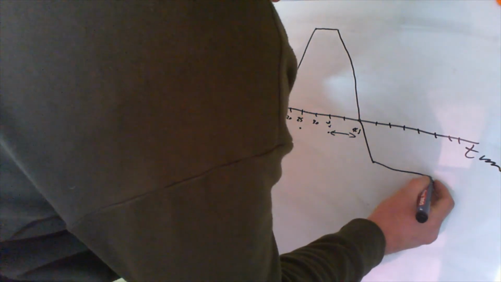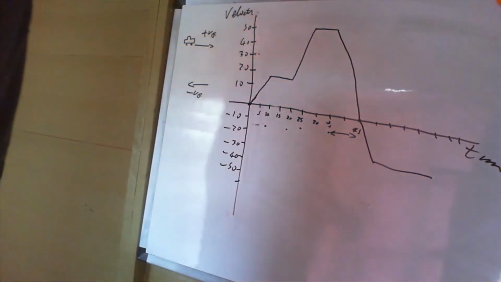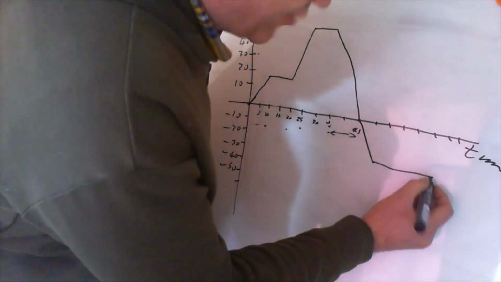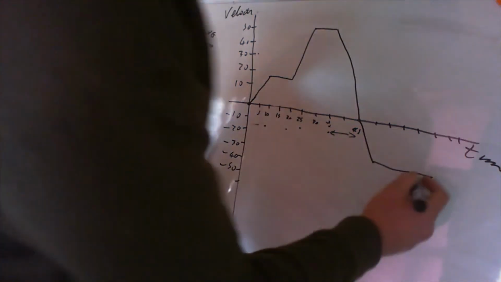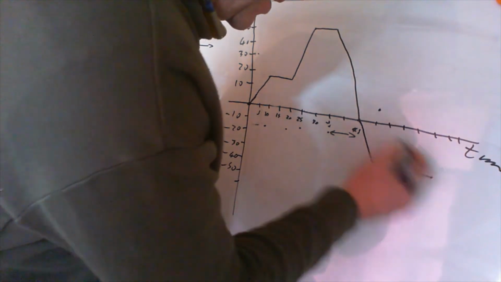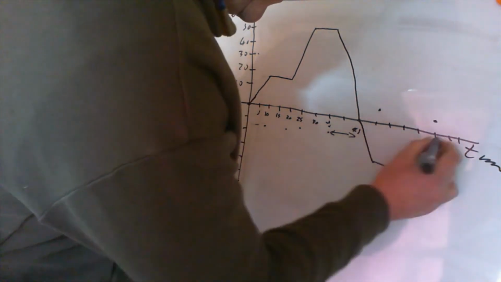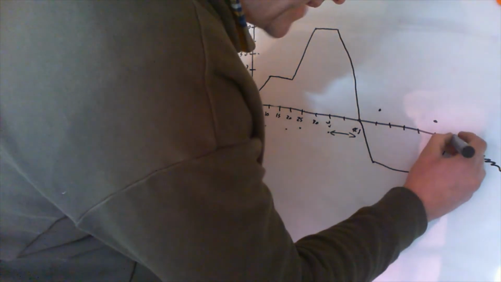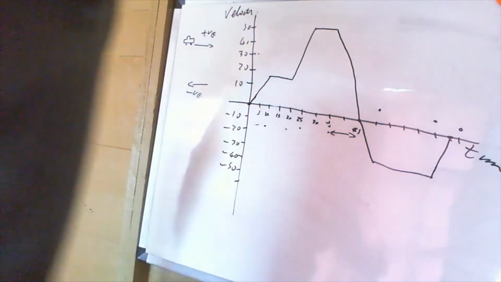And then what happens? He realises he's hardly got any petrol left. He actually runs out of petrol. And that, what did I say, that was 5 seconds, so that's to there. And so he just decelerates quite quick. It takes him 5 seconds to get to 0 miles per hour.